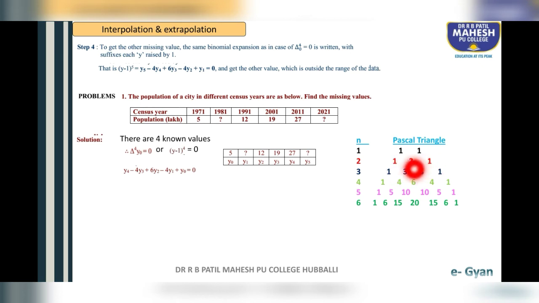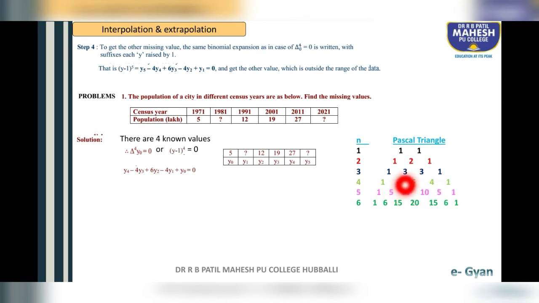Okay, next, 2 plus 1 is 3, again 2 plus 1 is 3, write these 1 1 constant. Next 1 plus 3 is 4, 3 plus 3 is 6, 3 plus 1 is 4, again you write these 1 1 constant.